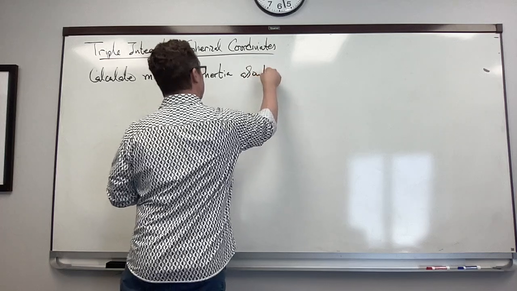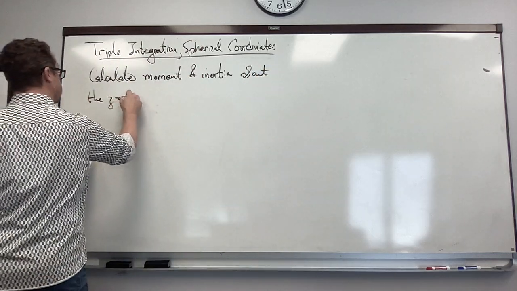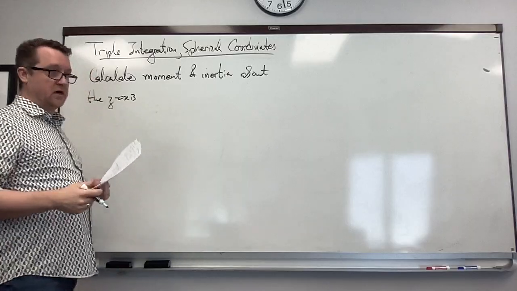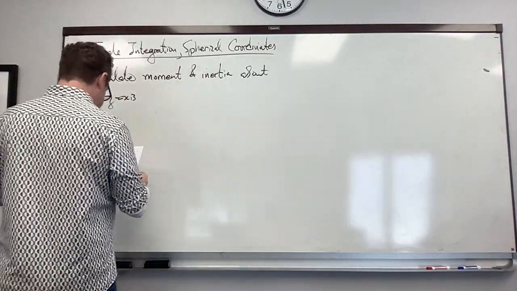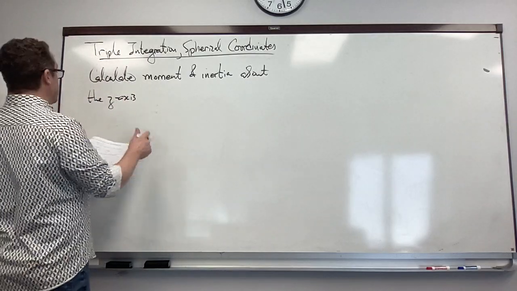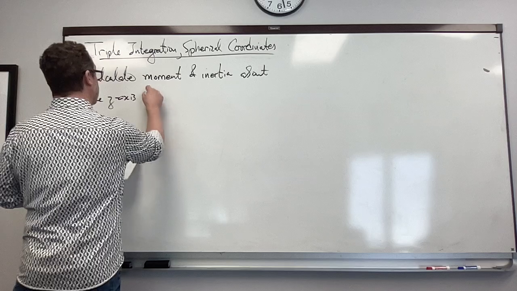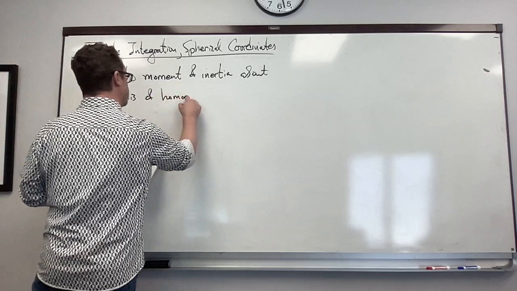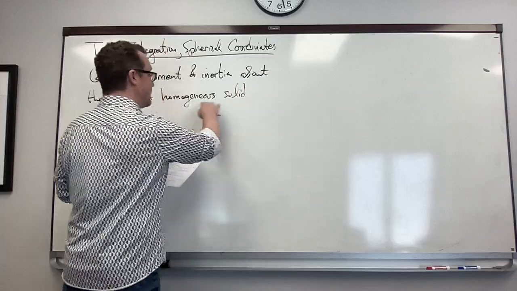about the z-axis. Remember that moments of inertia are always with respect to rotation about some axis, right? So calculate the moment of inertia about the z-axis of a homogeneous solid, which means the density is constant.